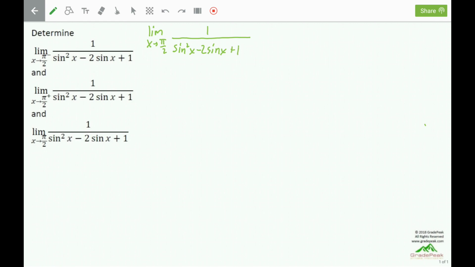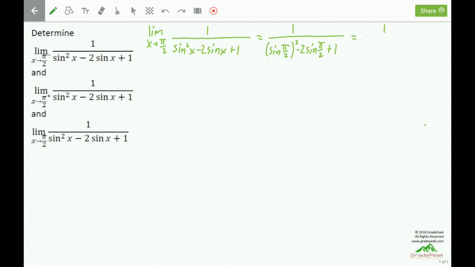The first thing to do is try plugging pi over 2 in for each of the x's. That will give 1 divided by sine squared of pi over 2, which means sine of pi over 2 and then squared, minus 2 times the sine of pi over 2, and then plus 1.